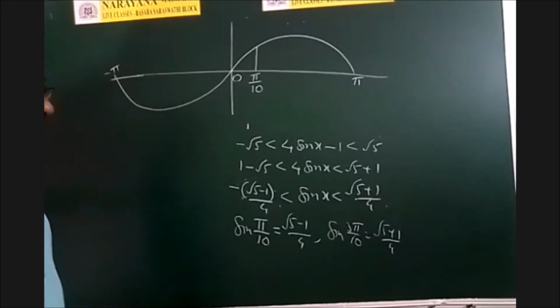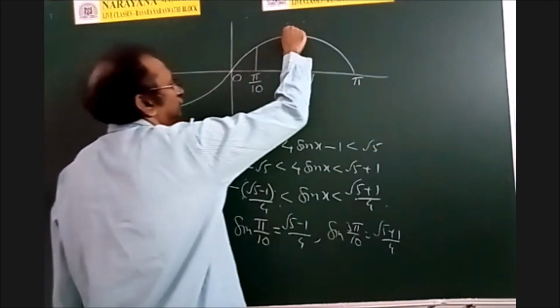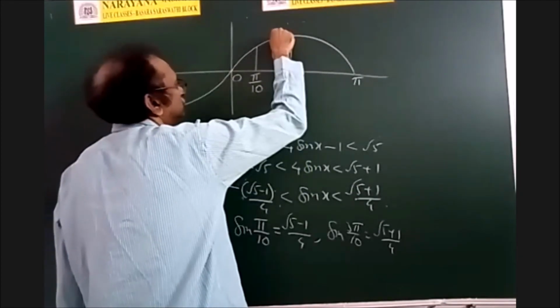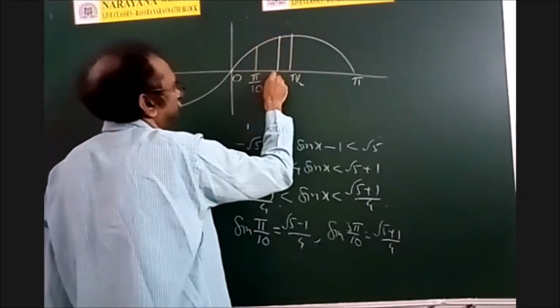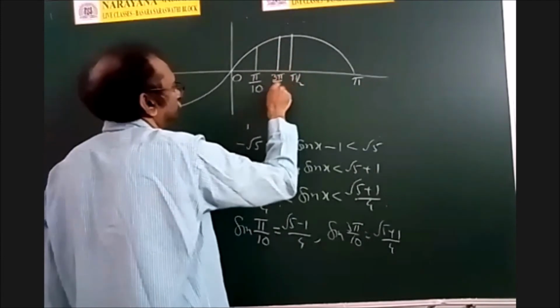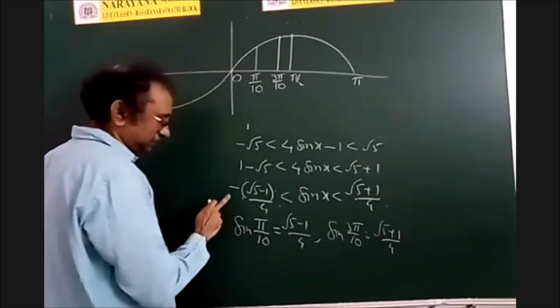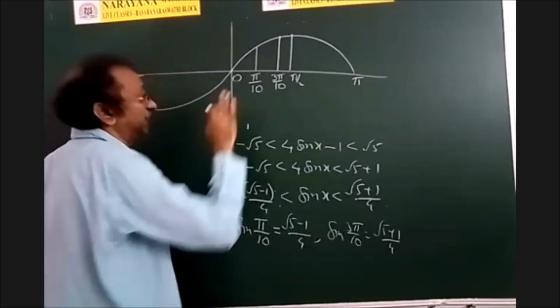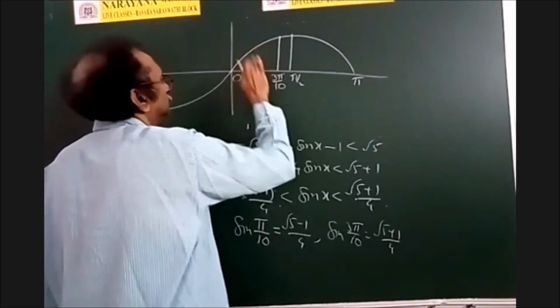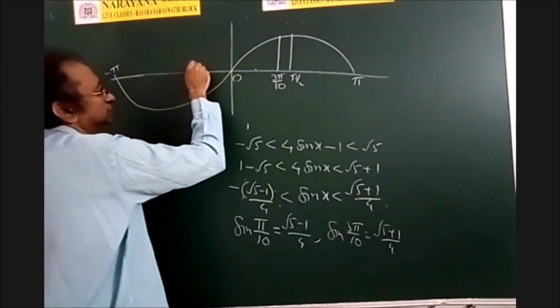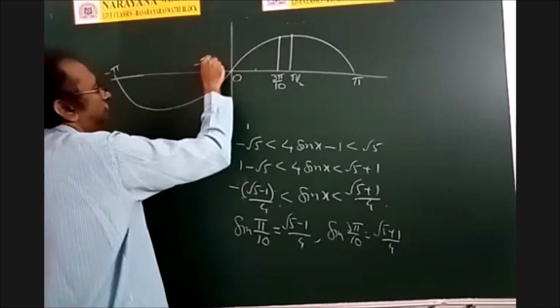Where is that 3 pi by 10? So this is pi by 2, so you get this 3 pi by 10. I don't need pi by 10. I need actually minus root 5 minus 1 by 4. That is minus pi by 10. So I will take this. So this is minus pi by 10.